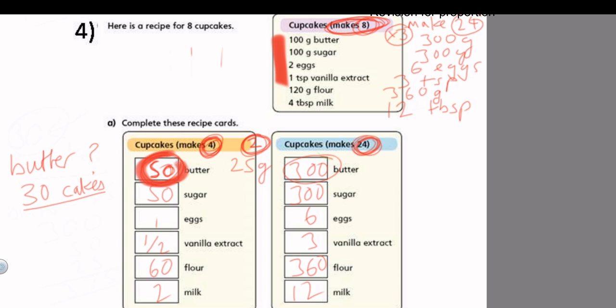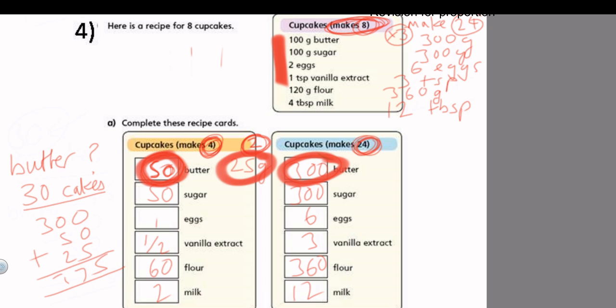I've got 50 plus the 25 plus the 300. I need 375 grams of butter for 30 cupcakes. Remember, you can do a similar sort of thing for all the other ingredients.